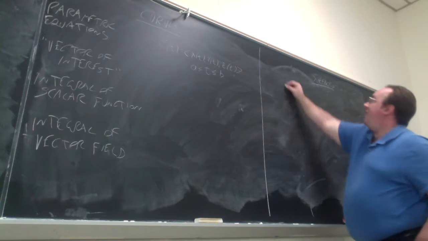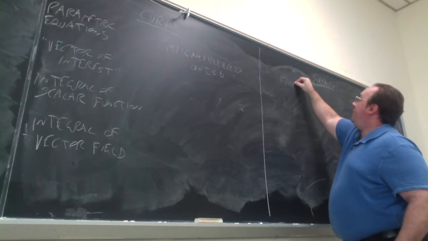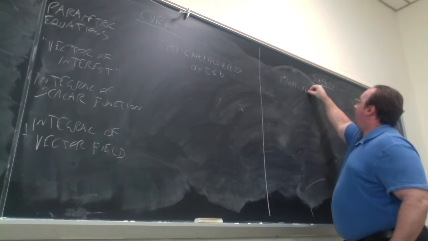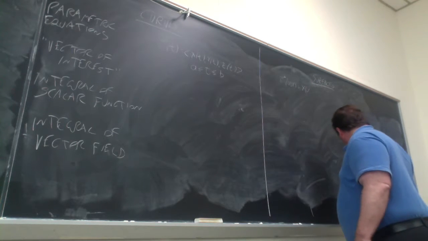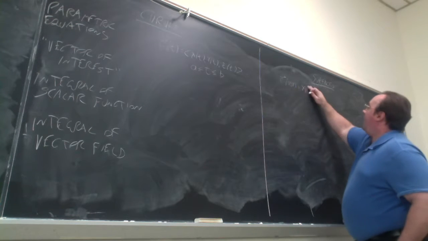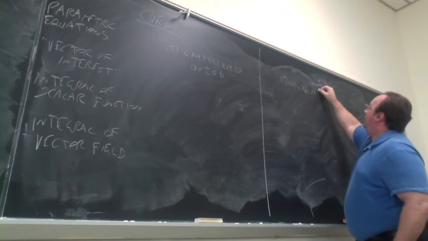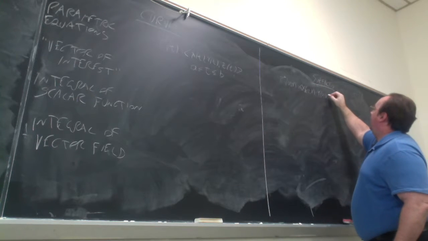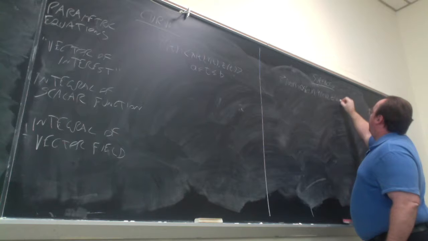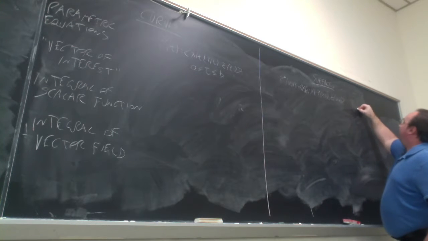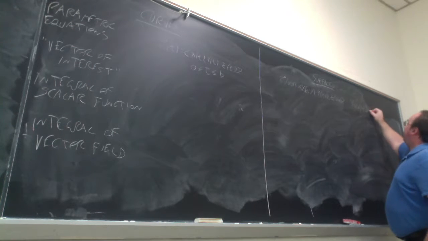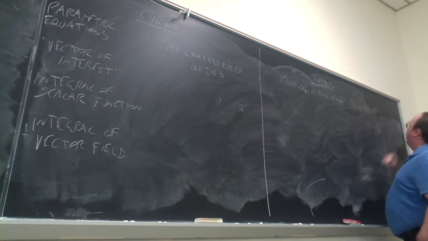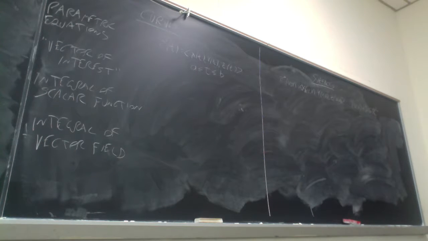For surfaces, we have r of u v is x of u and v, y of u and v, z of u and v, where u and v are in some two-dimensional domain that belongs to R2. Now, for curves, the vector of interest is the tangent vector.